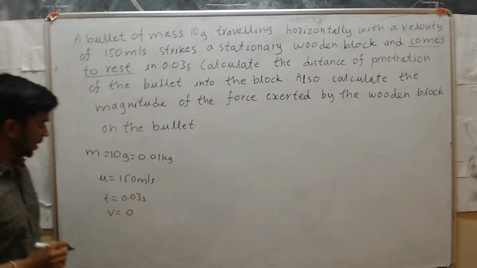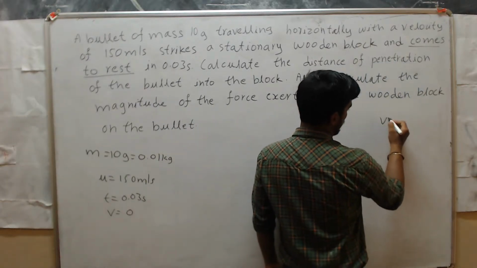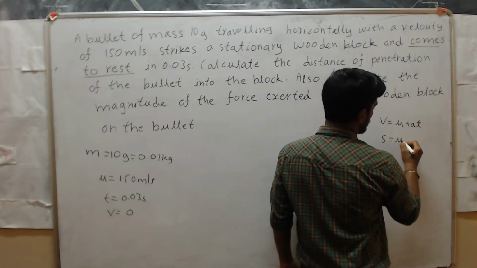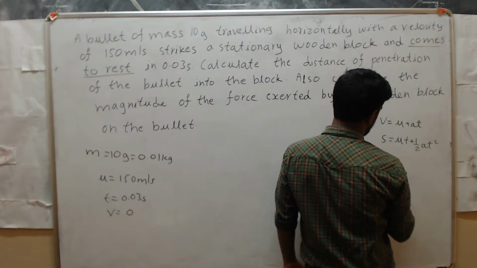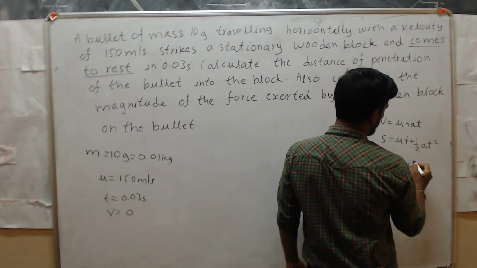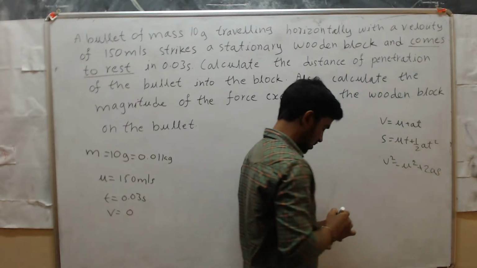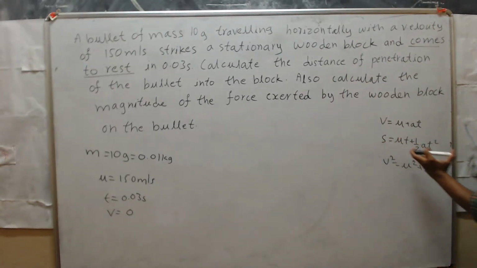Okay. So first we need the distance, right? We know the three formulas. v equals u plus at. Then second one, s equals ut plus half at square. Then v square equals u square plus 2as. Here we can use only these two formulas for s, either this one or this one.